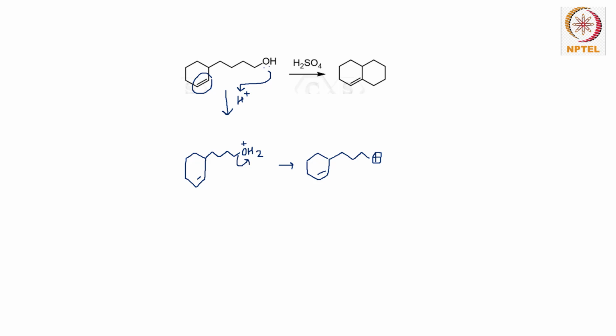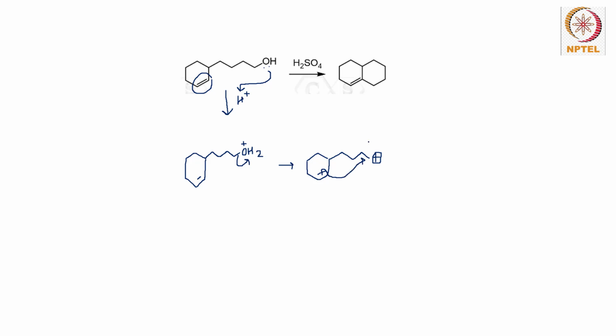So if we attack from this center, then it is possible to form a 6-member ring, because here this long chain is giving 4 carbons and these 2 are giving 2. So it can form a 6-member ring. So the attack will be like this one.